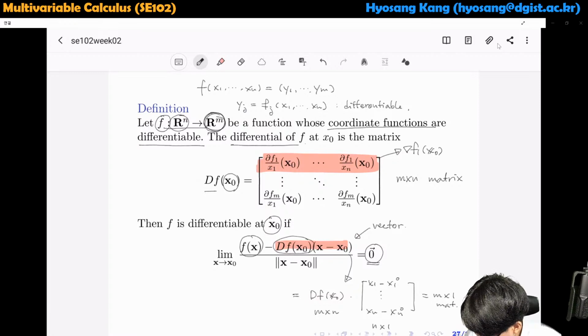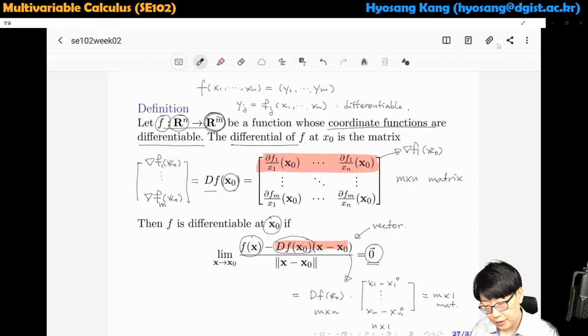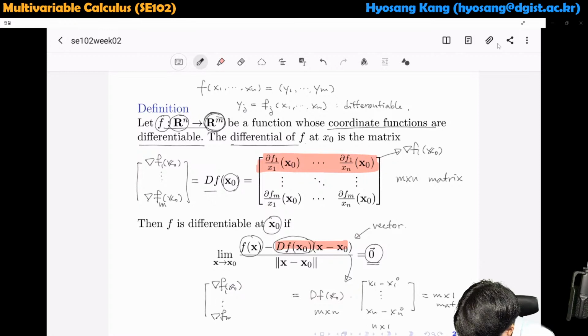So you can rewrite this one as gradient of f1 at x0 up to gradient of fm at x0. Okay. Right? So when you rewrite this, and then multiply with this vector.